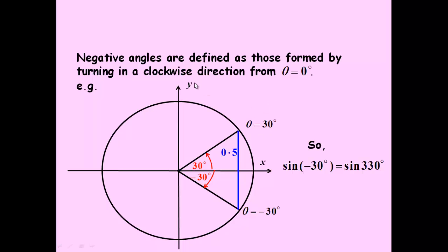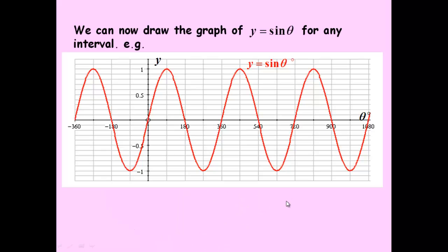We can define our negative angles by moving in a clockwise direction instead of the anti-clockwise direction which we moved in previously. And we can see there that it continues in a negative direction, again repeating every 360 degrees.